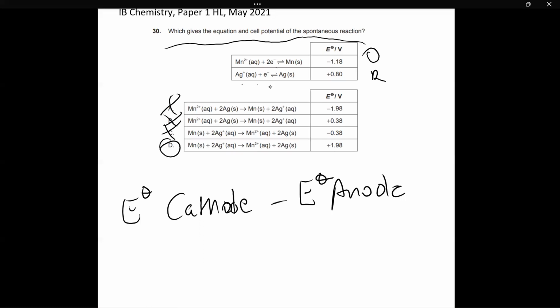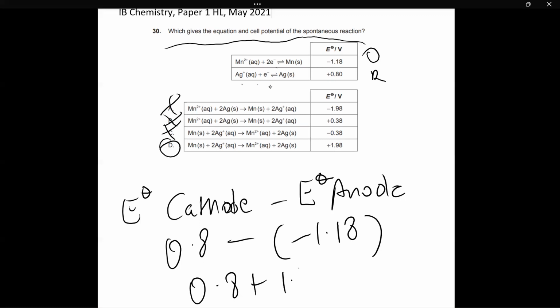Well, it's occurring at Ag plus. So what is the E naught value of Ag plus? It's 0.8. And what is the E naught value of the anode? Anode is where the oxidation occurs, and that is negative 1.18. So if we do the math, 0.8 plus 1.18, it gives us 1.98.